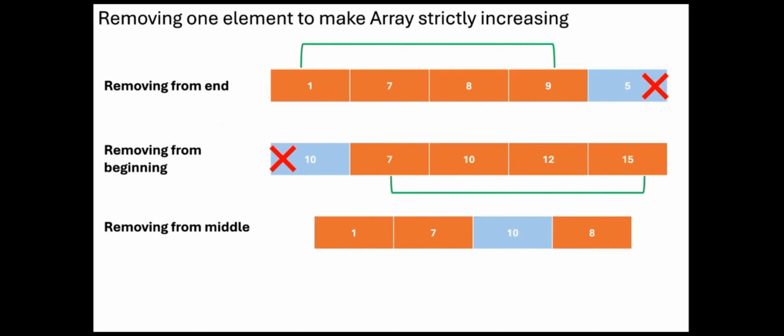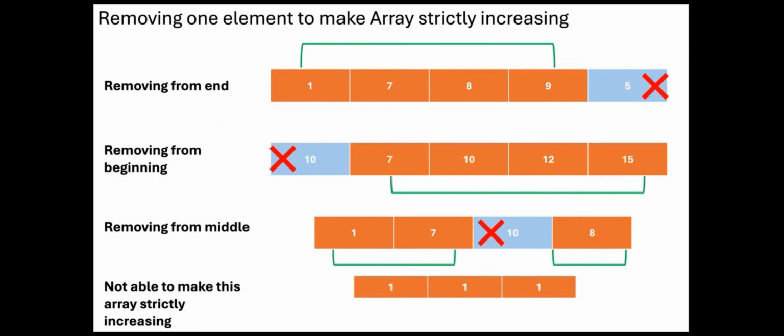Sometimes we might need to remove from the middle to make the array strictly increasing. For example, here 1, 7, 10, 8. If we remove the 10, then the rest of the array becomes strictly increasing, like 1, 7, and 8. In cases where it is not possible to remove any element from the end, beginning, or middle, we need to return false because we are not able to make that array strictly increasing even after removing one element.